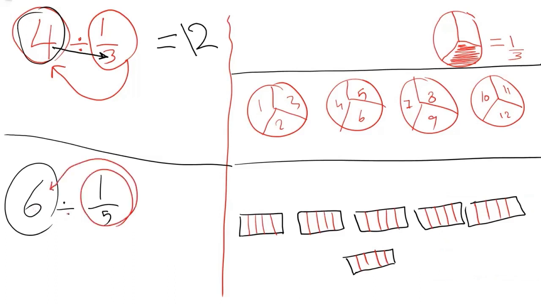You are going to count the number of fraction parts we have to get the answer. 1, 2, 3, 4, 5, 6, 7, 8, 9, 10, 11, 12, 13, 14, 15, 16, 17, 18, 19, 20, 21, 22, 23, 24, 25, 26, 27, 28, 29, 30. So we have 30 fifths in the whole 6.